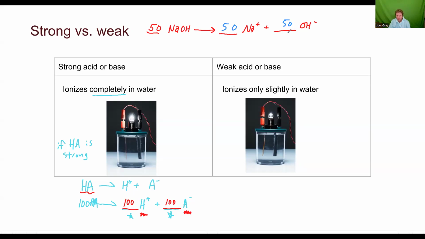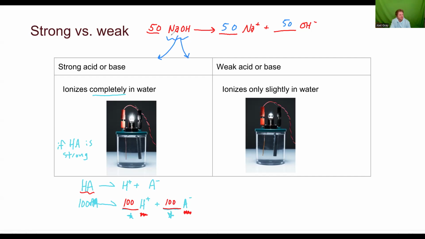I know that's the sort of answer that I gave the first time I had this question, because I'd be like, oh yeah, there's 50, so it's going to be split into 25 and 25. But let's think about what one NaOH is. NaOH is one complete molecule, and whenever that complete molecule is broken up, this one thing splits into two different parts.